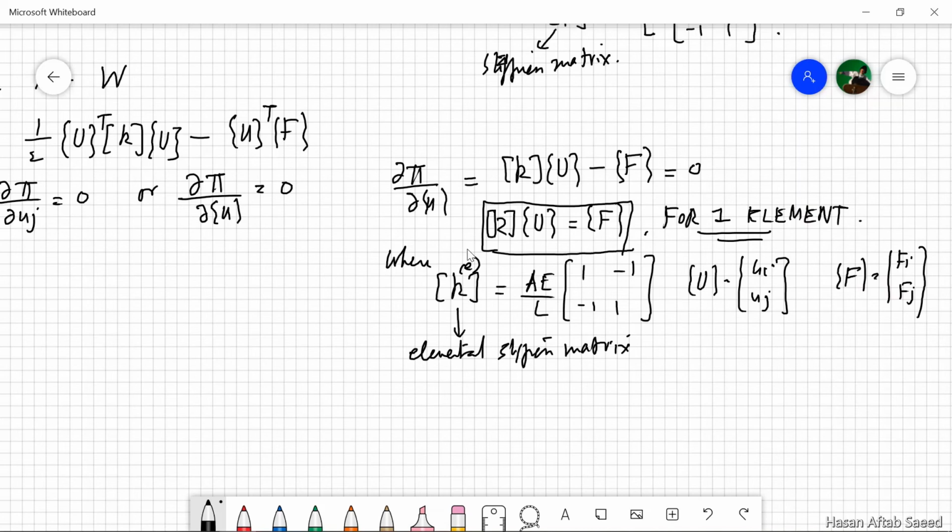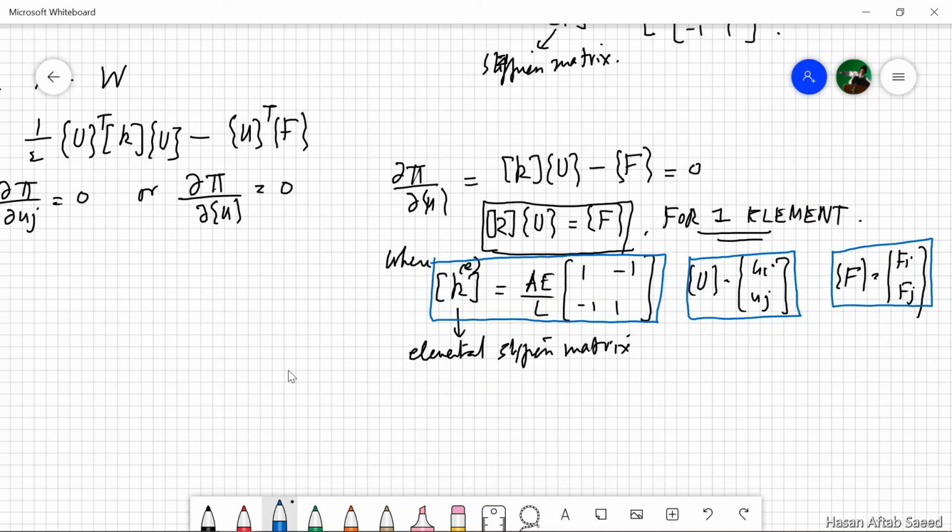So this is the shape we were talking about. Starting from displacement function, this is the shape of the elemental stiffness matrix. This is the shape of the elemental displacement vector, and this is the shape of the elemental force vector, and these combine in this form.